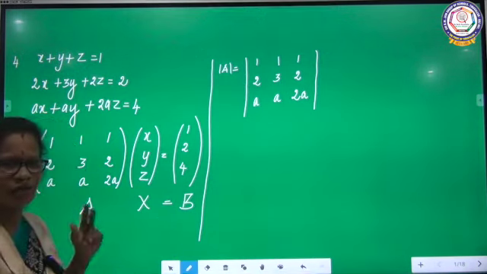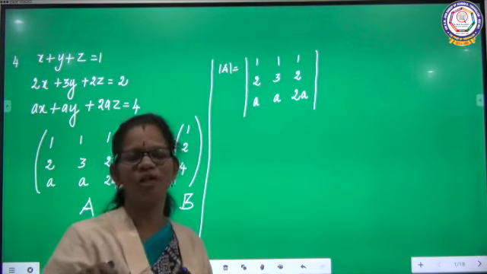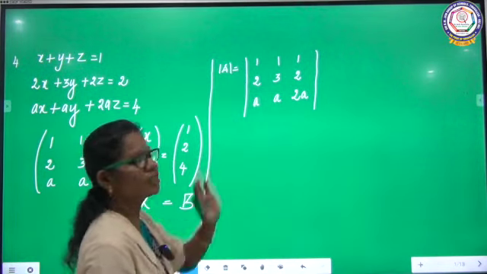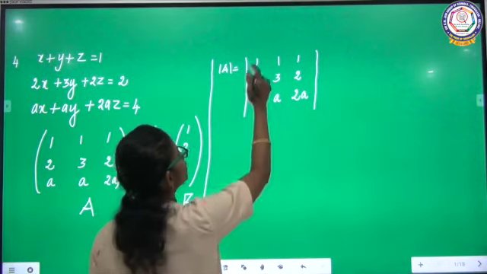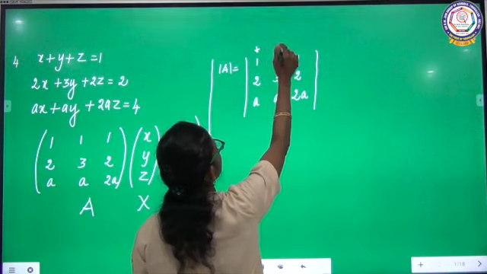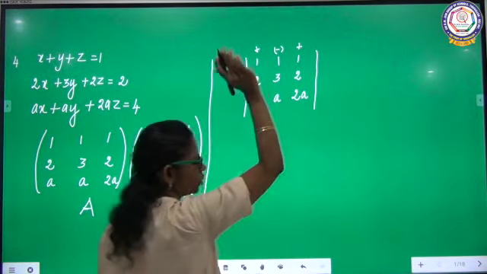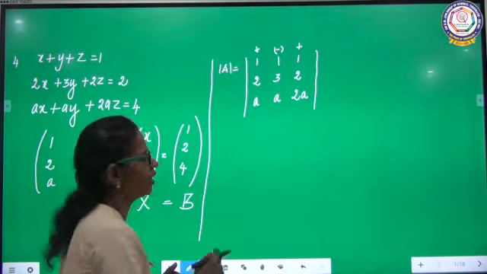If it is 2 by 2, it is easy: product of main diagonal minus product of sub-diagonal. But here it is a 3 by 3 matrix. The first entry is positive, the second entry is negative, the third is positive. Like that you have to move cyclically, right?